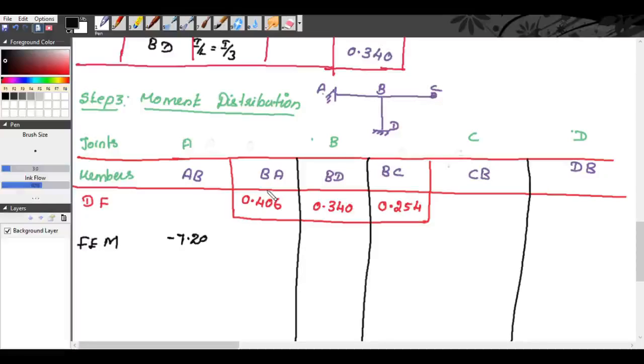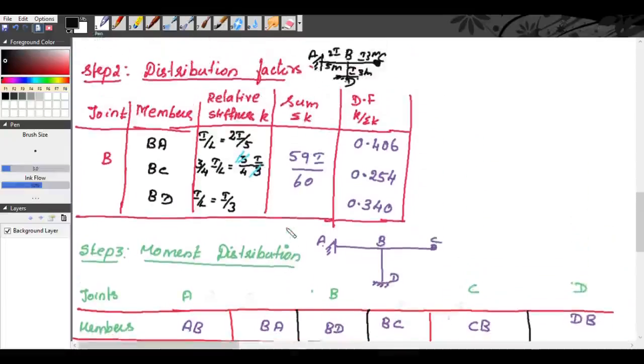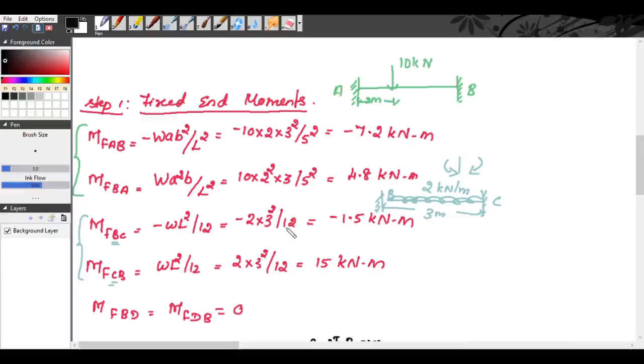For BA, it is plus 4.8. For BC, it is minus 1.5. And CB, it is plus 1.5.